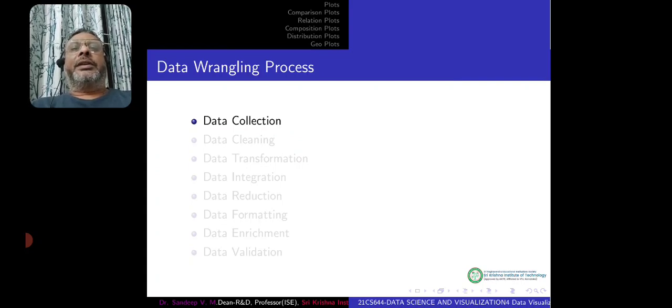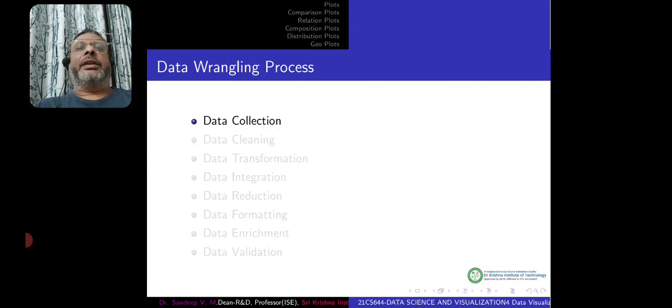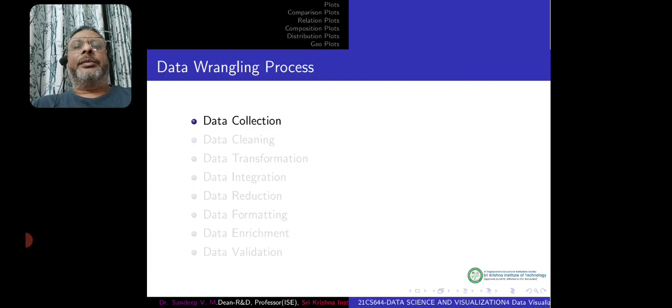But if it is secondary data, then definitely it won't be all the time in the format we wanted. Therefore, we need the next processes. So the first thing is collecting the data. It may be from a primary source, maybe a secondary source, and so on.